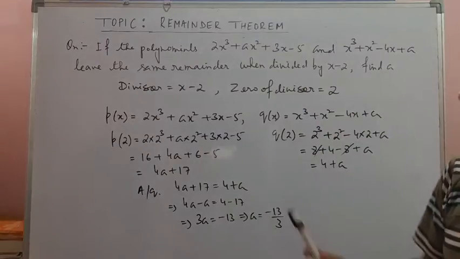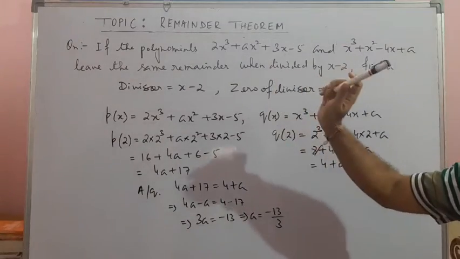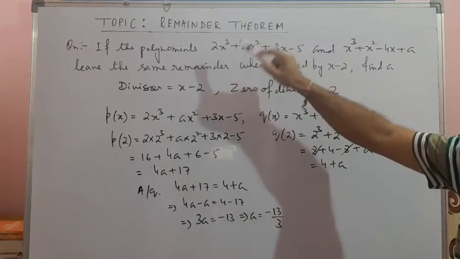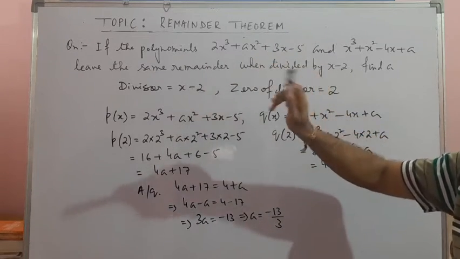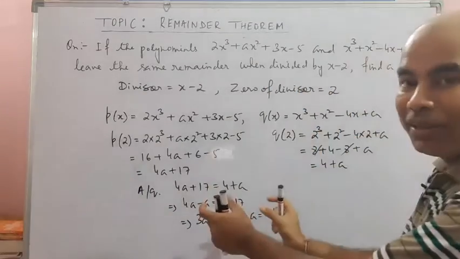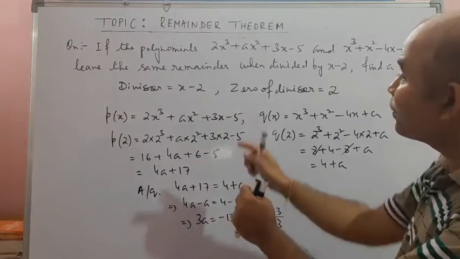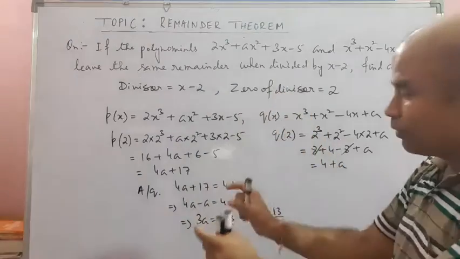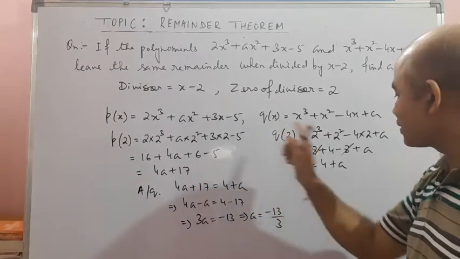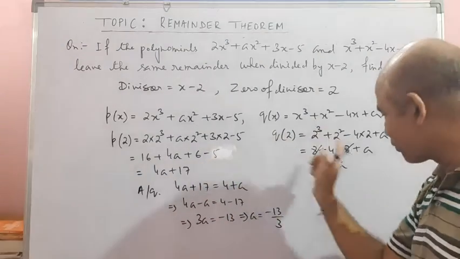So for this type of question, if the remainder theorem is clear, how to find the remainder? In the dividend, in place of x you put the zero of the divisor. Then the condition is that they have the same remainder, so you make them equal. Or the condition may be that the sum of the two remainders is 0, so this plus this equals 0. Or this remainder is double this remainder, so this equals twice this.